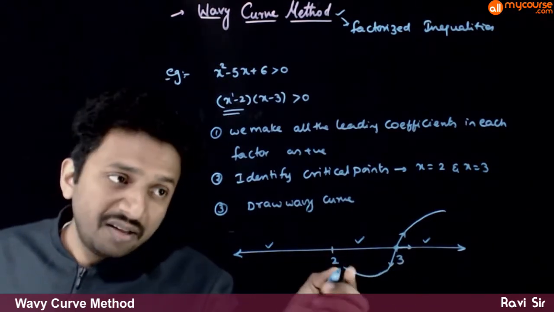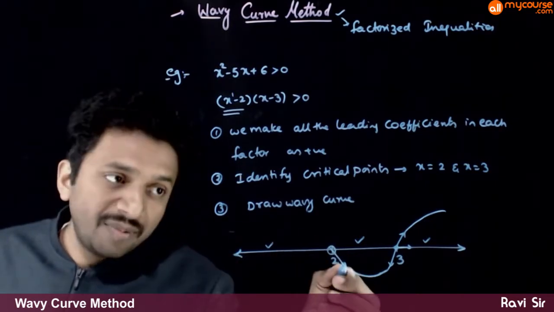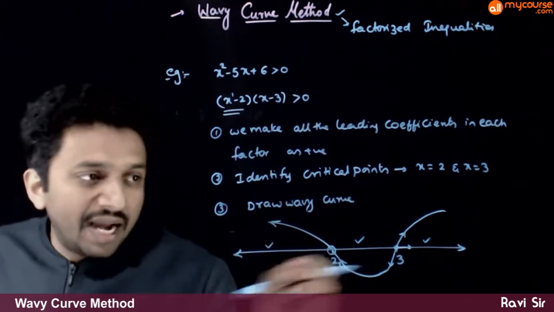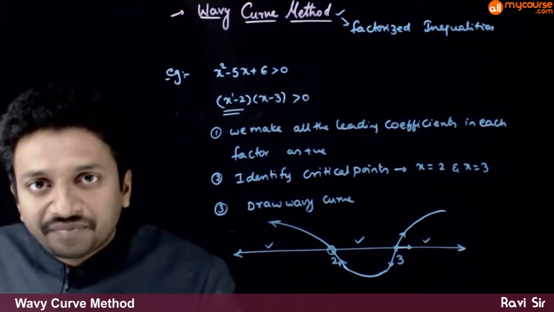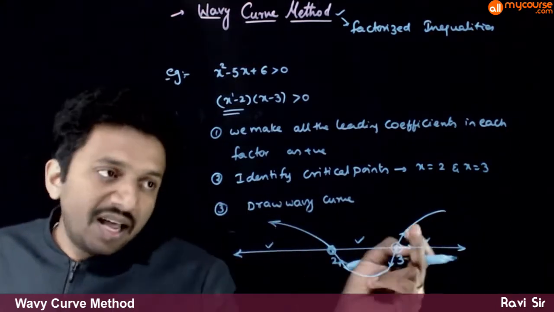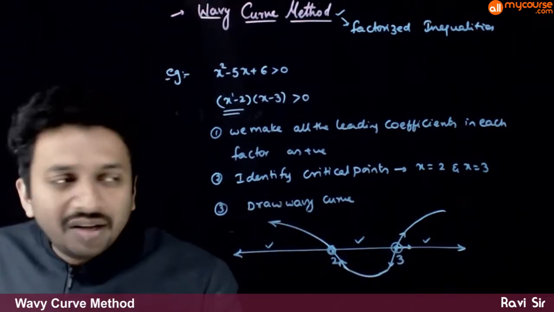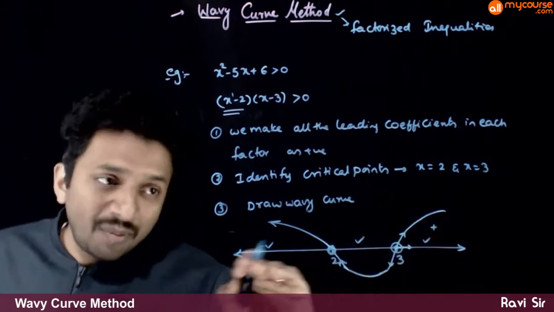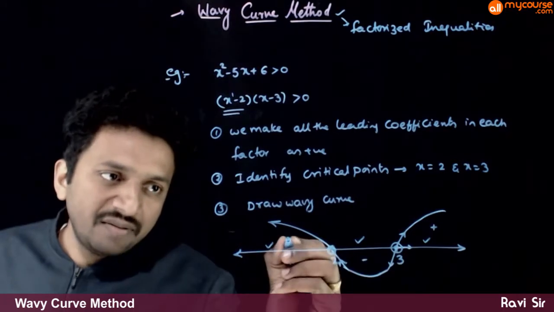And here, the curve is approaching 2 from the negative side, so it goes to the positive side. At each critical point, the curve meets the x-axis and changes sign. So once the wavy curve is drawn, wherever the curve is above the real number line, the sign is positive, and where it is below, the sign is negative.